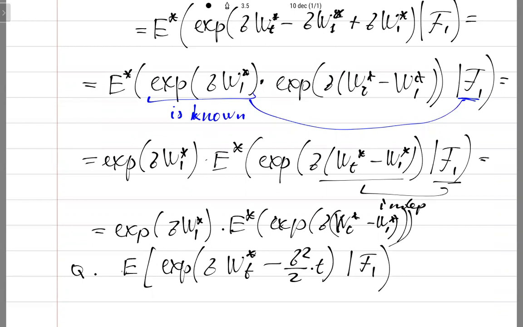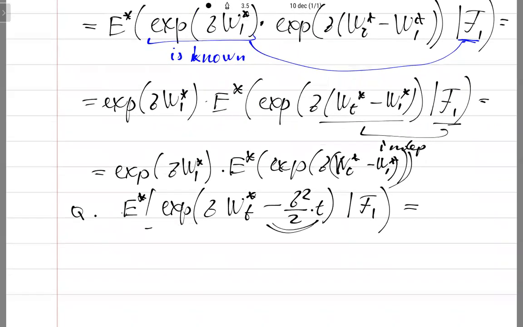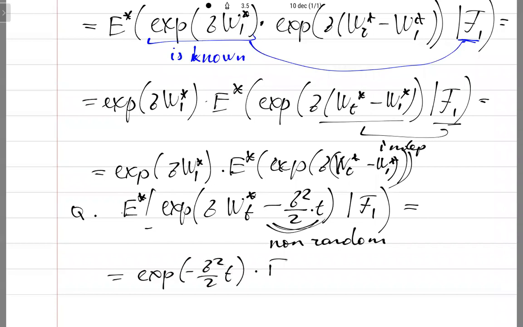Basically the technique is the same. And this will be a constant, just non-random. And so you can move it out of the expected value as it is non-random.